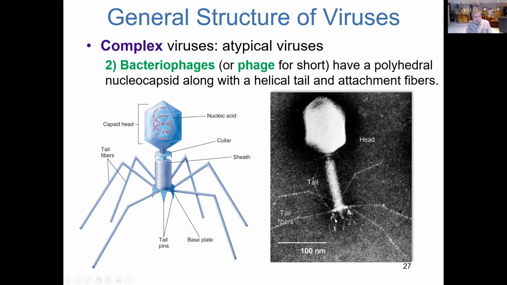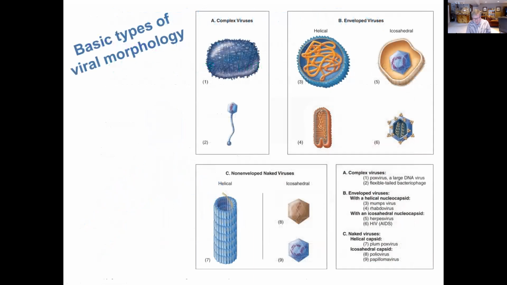Here's the tail pins. Yeah, it's crazy. The sheath. These are viruses that, remember, are targeting bacteria. So the prefix bacterio might help you remember that. We'll be talking more about their biology and how they work a little bit later.